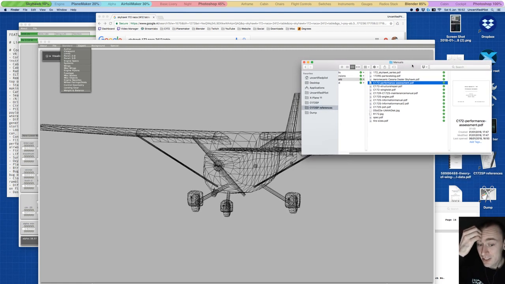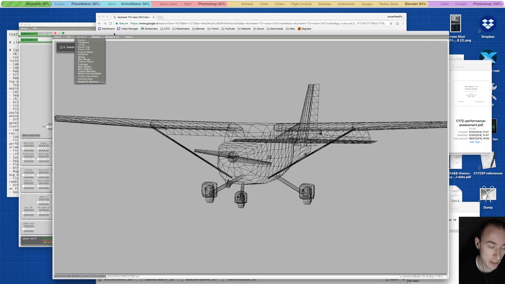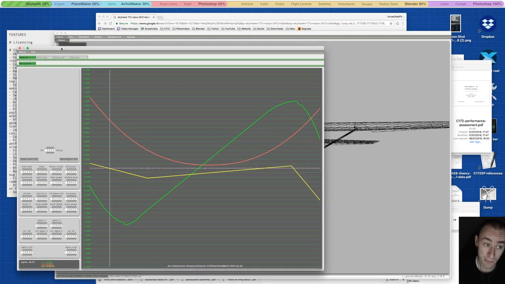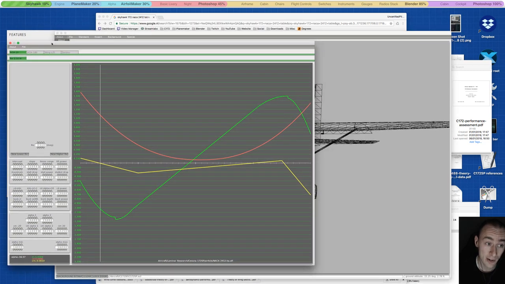So, Rush, I asked you just to give a general description of how you do your test flights in X-Plane. Perhaps also in parallel with AirfoilMaker and with PlaneMaker. I don't quite know the process, so I'm curious to see how you go about doing that because I'm approaching that stage.